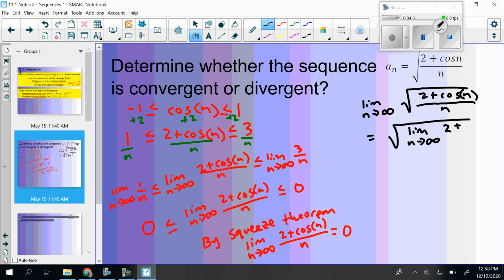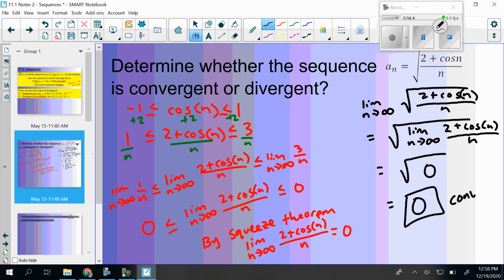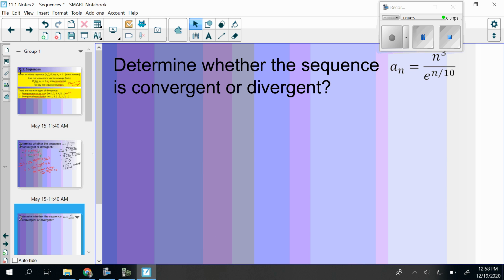Well, by squeeze theorem, we just figured out that all of this ends up equaling 0. And so then this is going to be square root of 0, which still is 0. So this one is convergent. So this would be an example of a convergent one. It had a function around there, but you'd evaluate it using squeeze theorem.